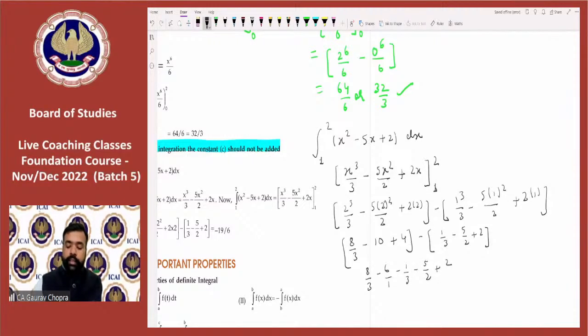Now we can take the LCM and solve them. The LCM will be 6. So we get 16 minus 36 minus 2 minus 15 and then plus 12. 16 plus 12 is 28, and from 28 we can subtract the values and get the result. So finally we are getting minus 19 upon 2.